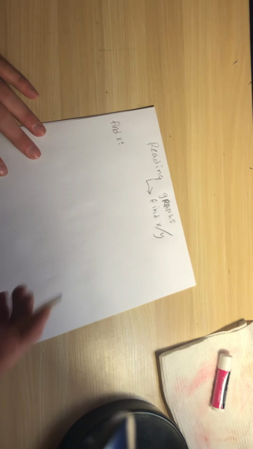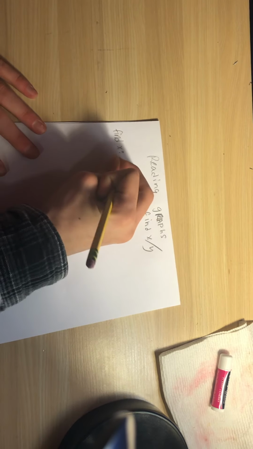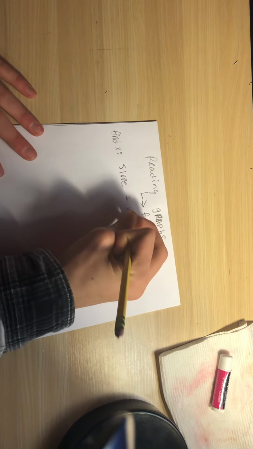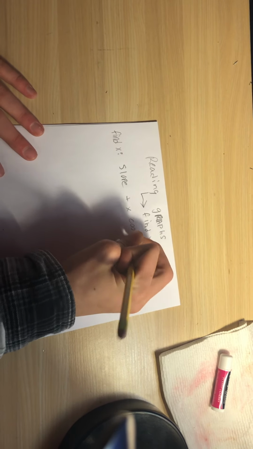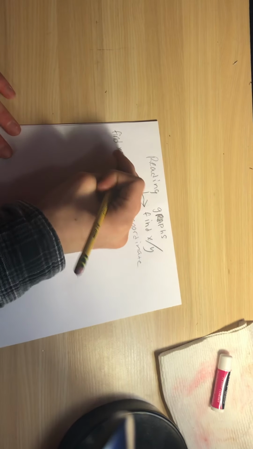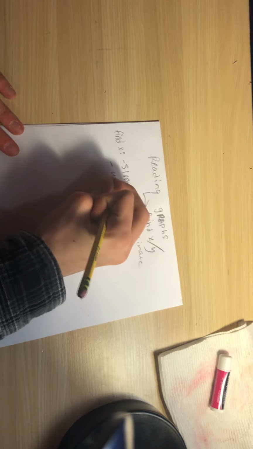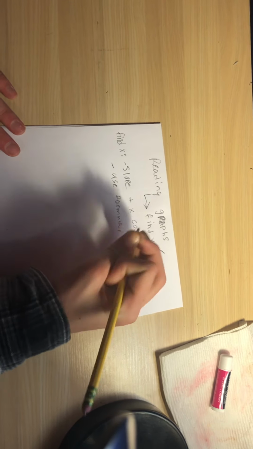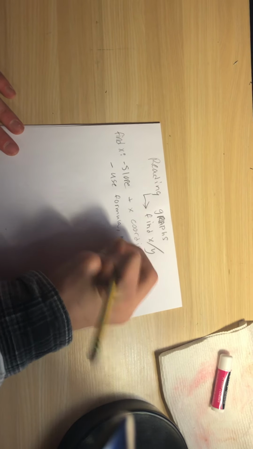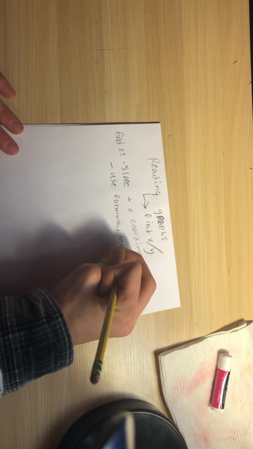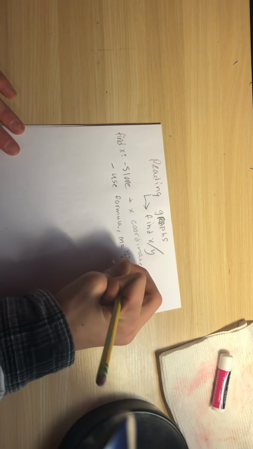Finding x is very easy when you know your slope and x coordinate. If in a situation where you wouldn't have your slope, to find your slope, use the formula m equals y2 minus y1 over x2 minus x1.